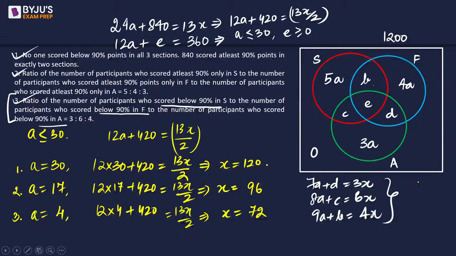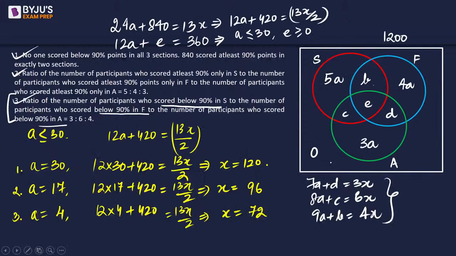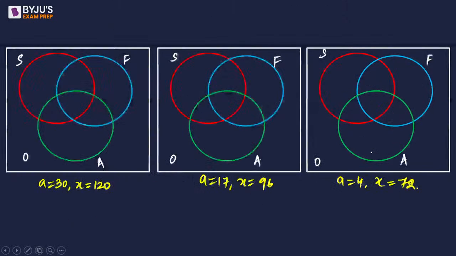Now, we have got S, F, A. SFA बाहर 0 है. Now, since A is 30, we're talking about 5A, 4A and 3A, right?